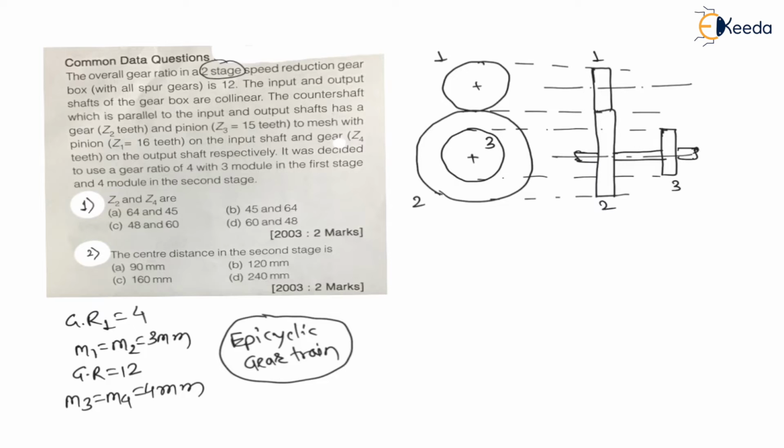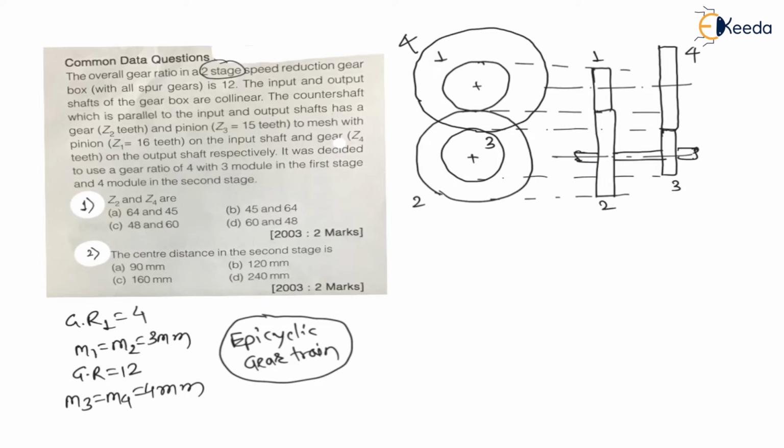There is no contact between gear 1 and gear 4, but in contact with gear 3 there is gear 4, and the axis of gear 1 and gear 4 is collinear. If I draw this, this is gear 4 which is in mesh with gear 3 like this. In the side view it is in contact with gear 3 only, but the axis of 1 and 4 is the same.